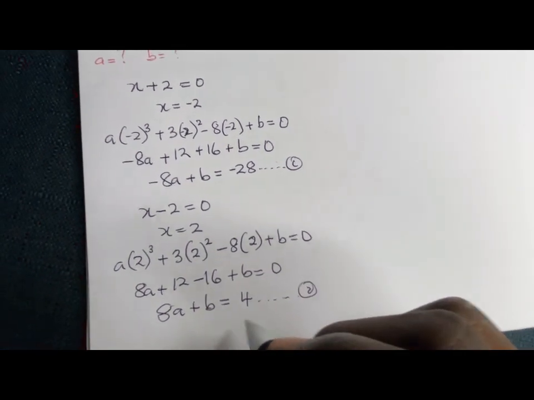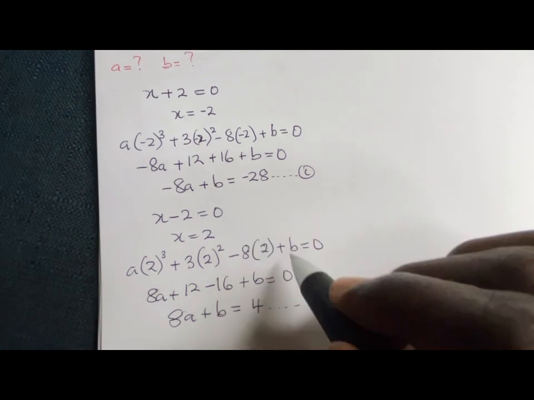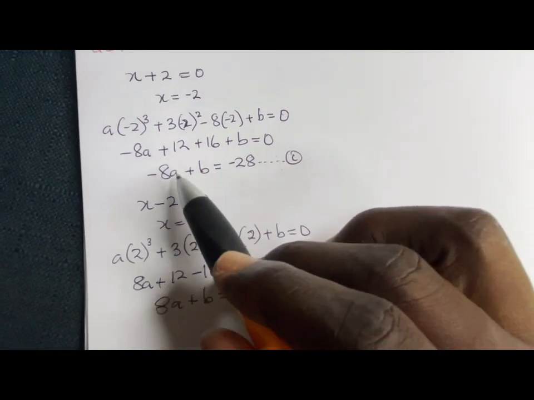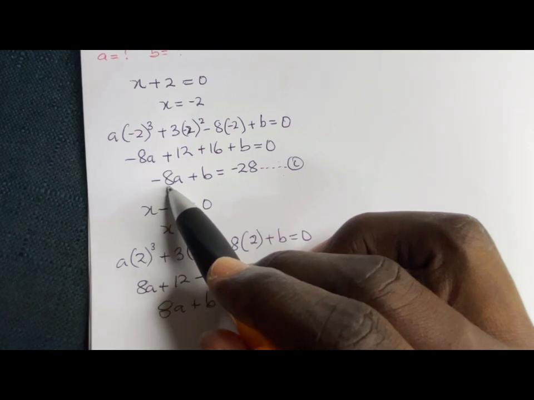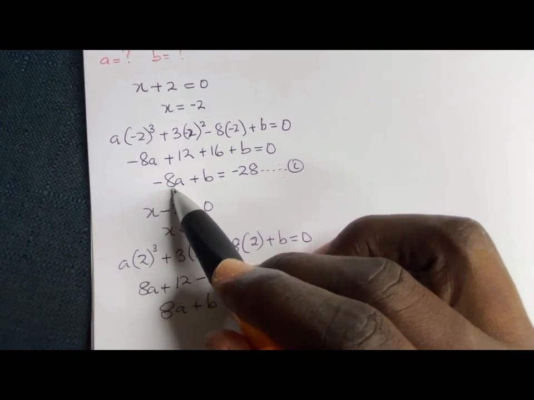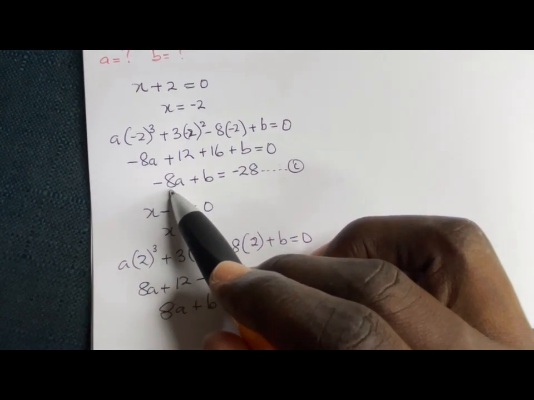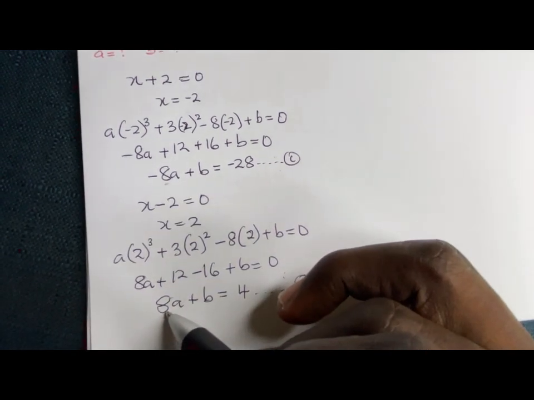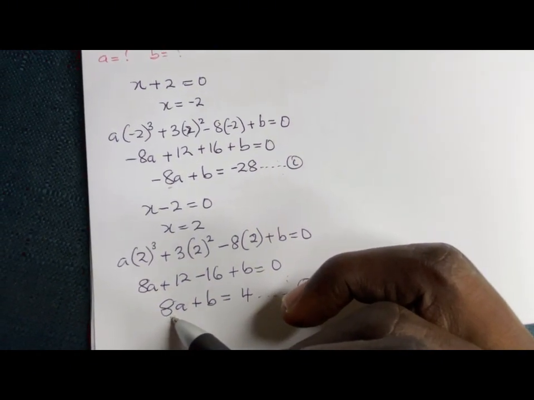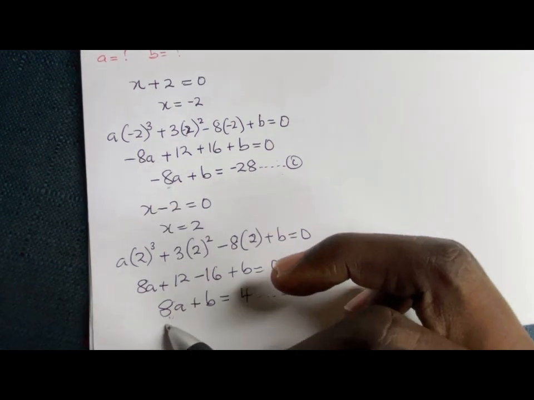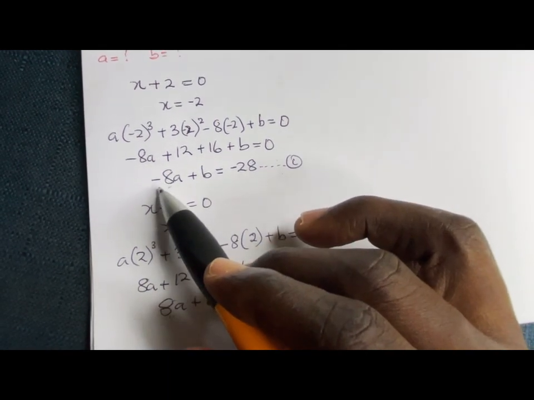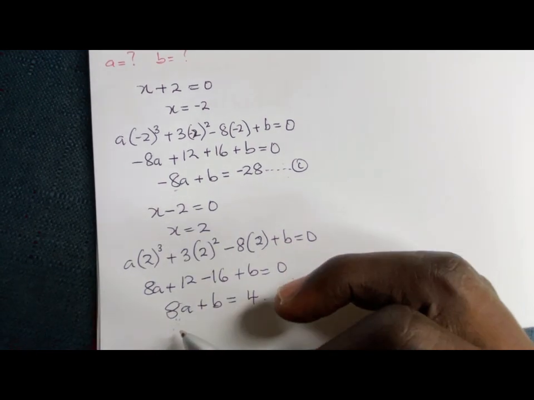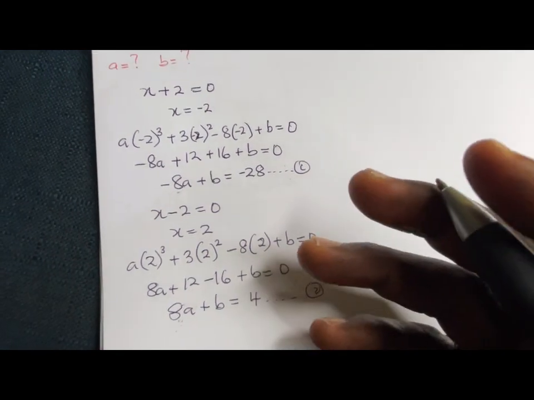So we solve equation 2 and 1 simultaneously. Since the coefficient of a here and the coefficient of a here are similar, you forget the sign. Since they are similar, we can easily solve.